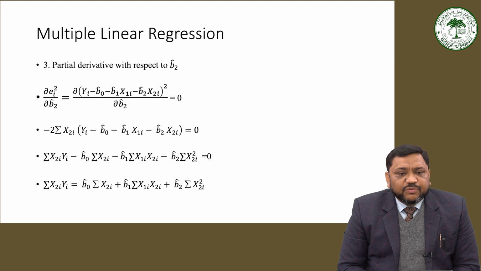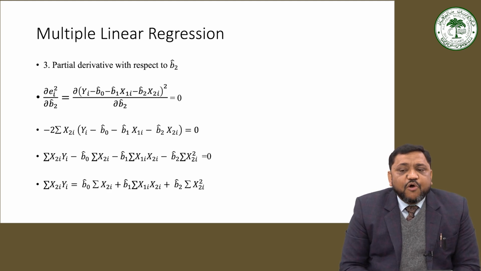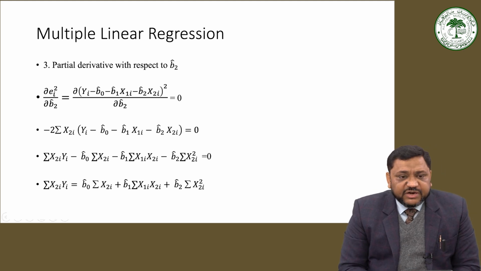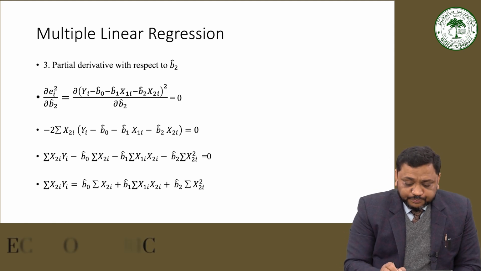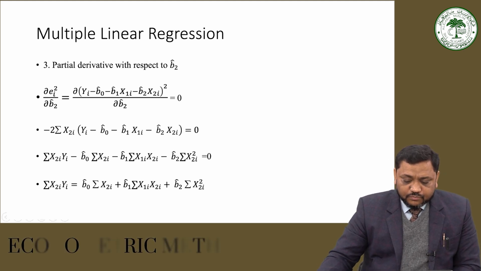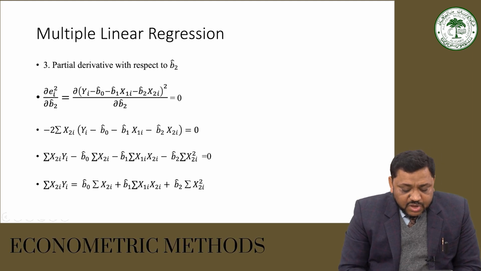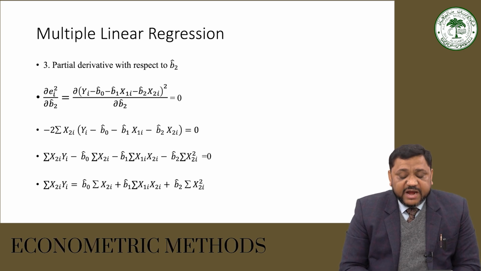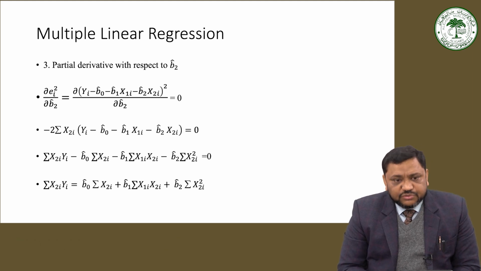Then we move to the derivation of the third equation, in which we differentiate the summation of the error equation by b2. So what we get is minus 2 summation x2i (yi minus b0 hat minus b1 hat x1i minus b2 hat x2i) is equal to 0.